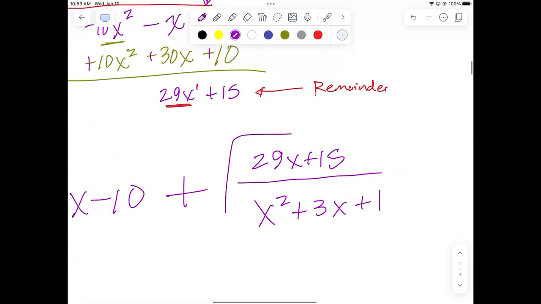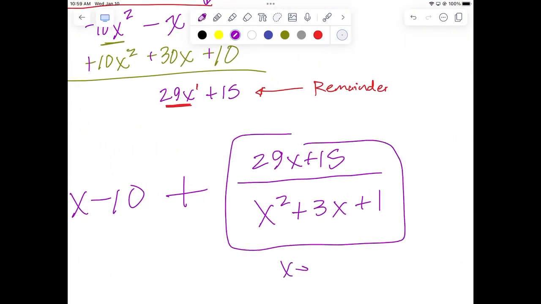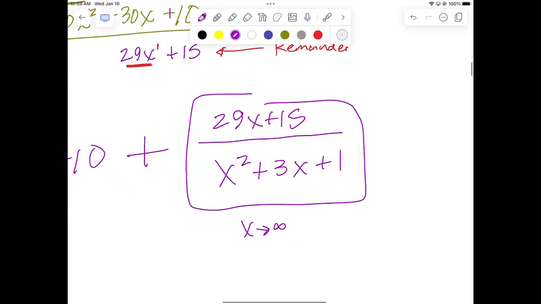What happens to the remainder as x goes to infinity? Well, the top is getting bigger, but it's getting bigger linearly, like 1, 2, 3, 4, 5. The bottom is also getting bigger, right? Because it's x squared. But because it's x squared, the bottom is getting bigger faster, like 10, 100, 1,000, 10,000, 100,000.